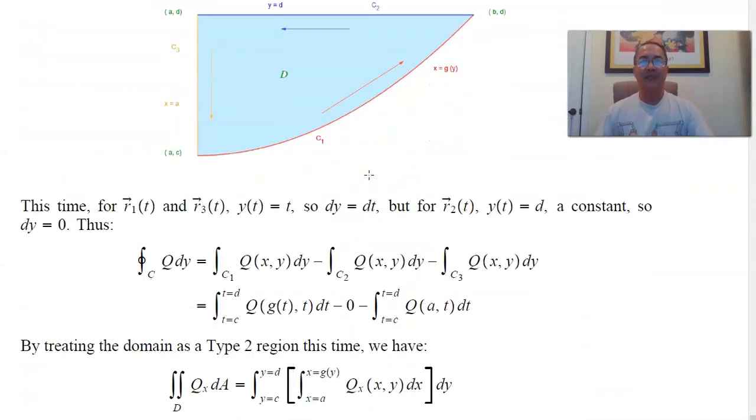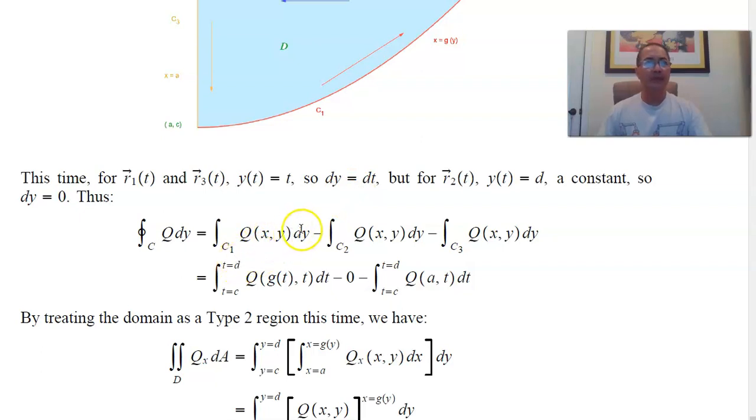So here we go. dy is dt for R1 and R3, but for R2, dy is 0. So the contour integral for q dy is the integral along C1 for q of x, y dy minus these two, but for the second one it's going to be 0, and this is for the third one.